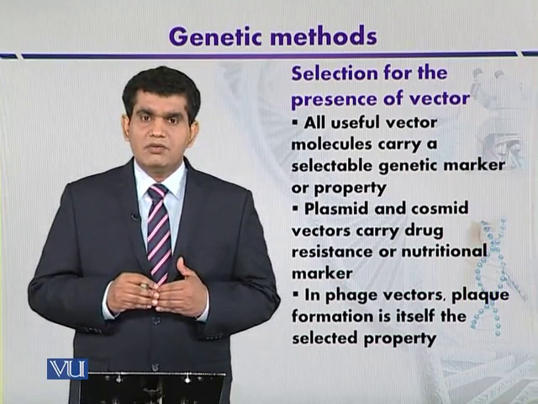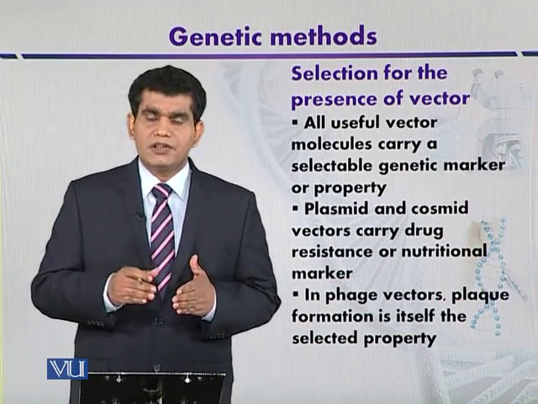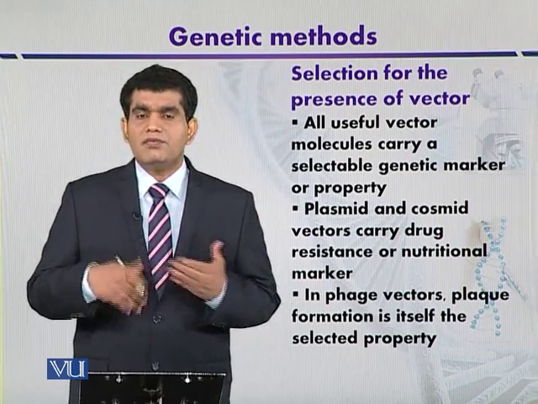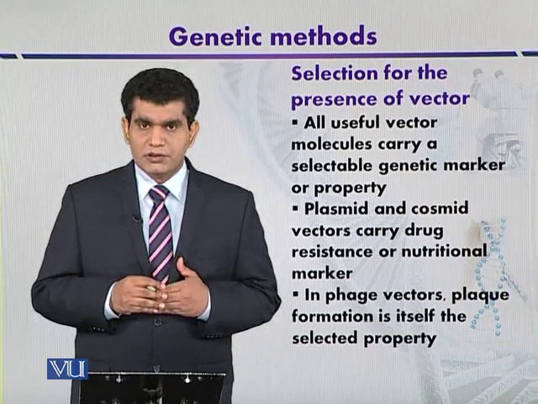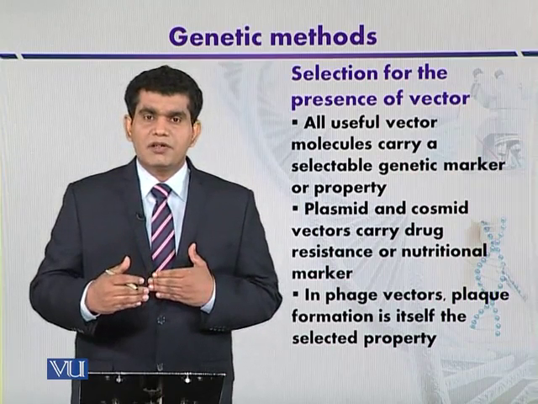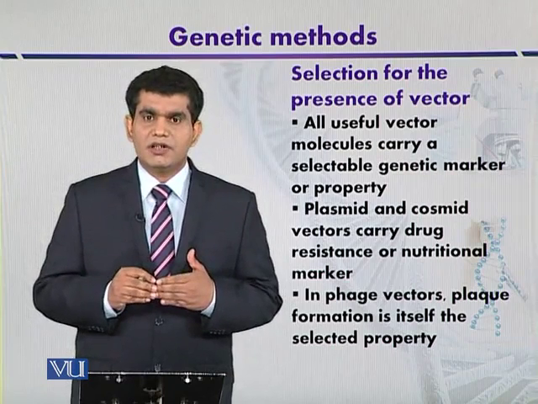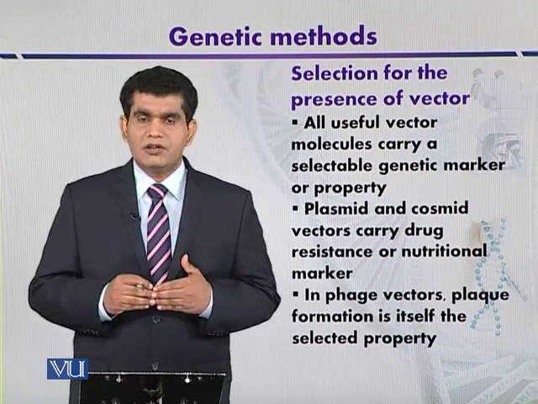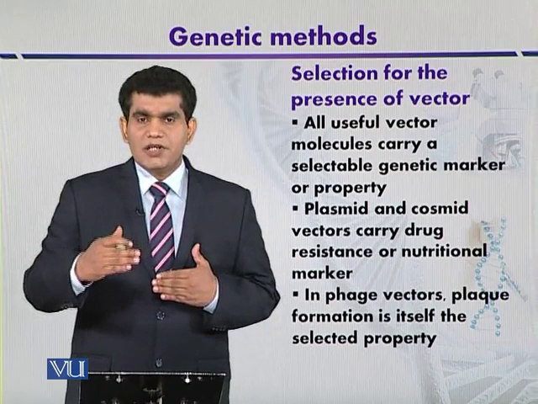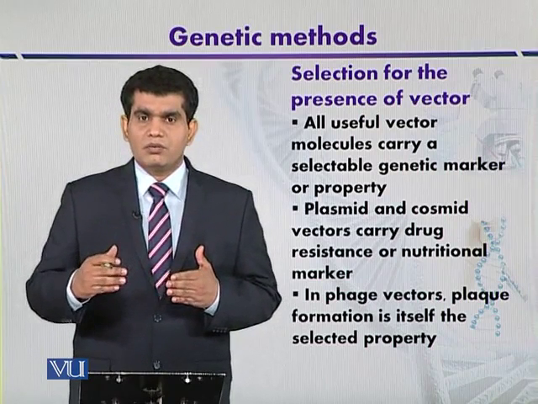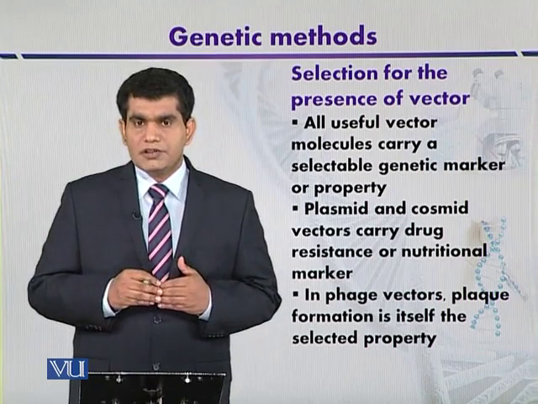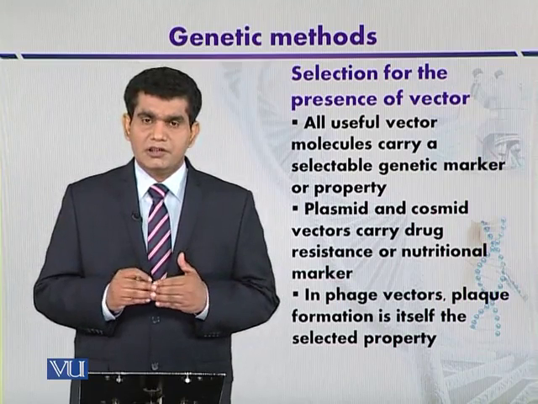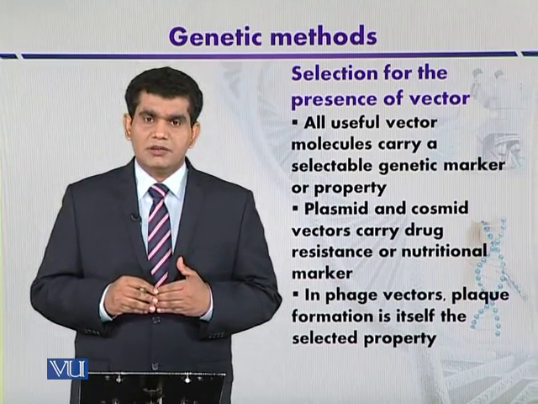On the other hand, if we have a look at another cloning vector like bacteriophage lambda, different types of lambda vectors can be used, like replacement vectors and insertional vectors, and their selection may be based on different strategies. For example, in case of a replacement vector, where we can clone around a 23 kilobase DNA fragment, the size of the packaged DNA will act as a selectable marker.